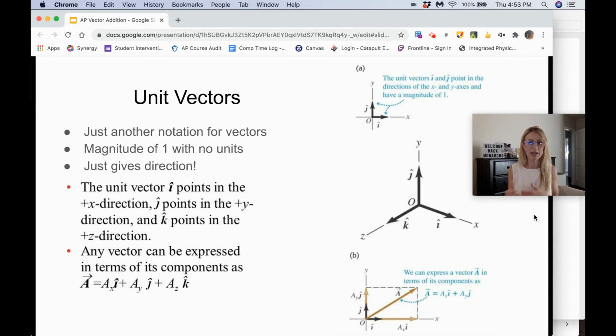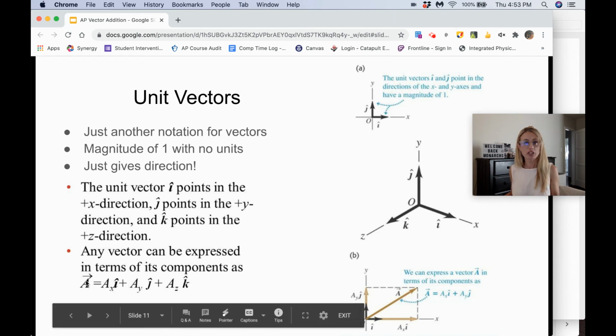So any vector can be expressed in terms of its components as the vector A is equal to the x component of A i hat plus the y component of A j hat plus the z component of A k hat. All right, so these will usually be numbers, this Ax, Ay, Az, but say you had 50 i hat plus 40 j hat plus 30 k hat.